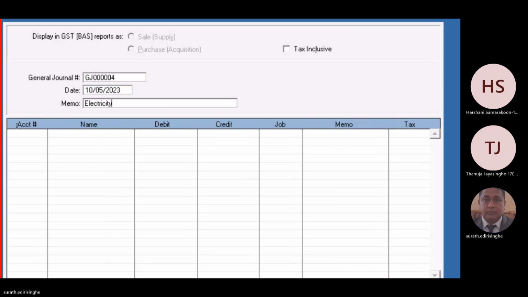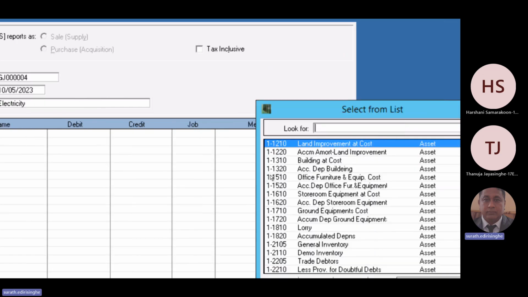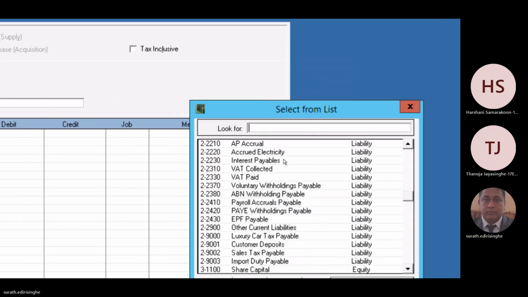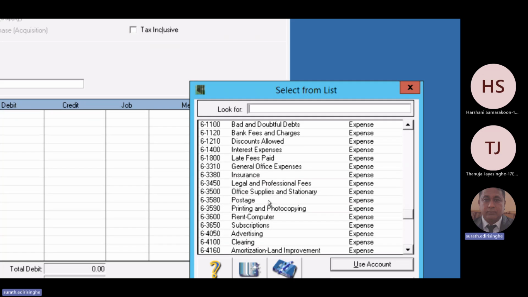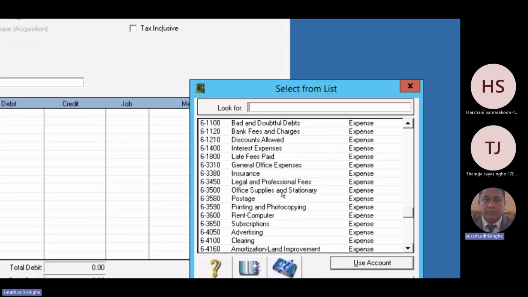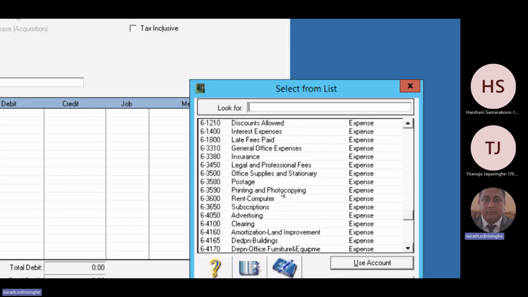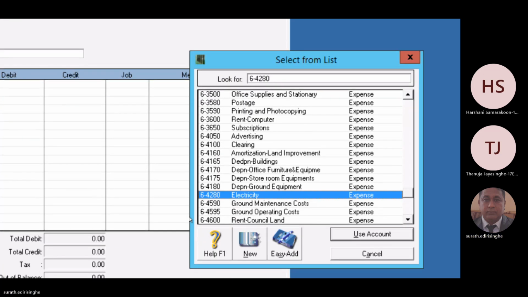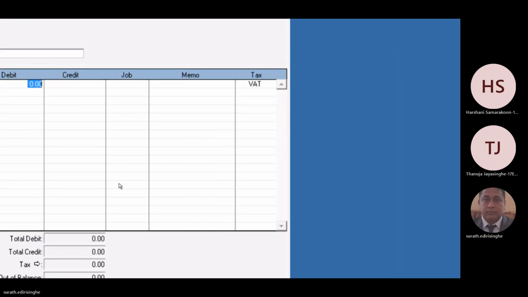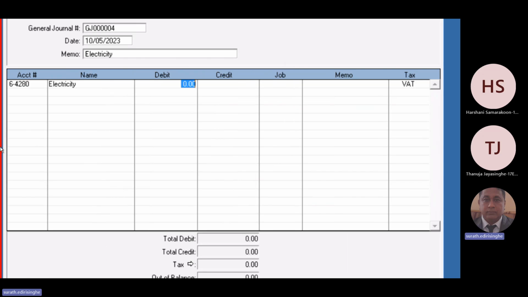Now, debit the electricity expense account. Where? Please tell the number. Electricity. Amount 8,000, no? 8,000. They are also under provisions.